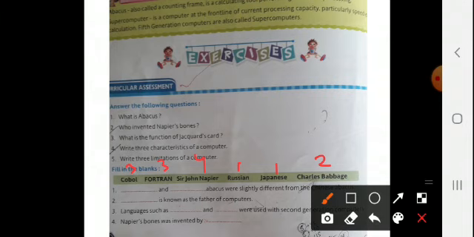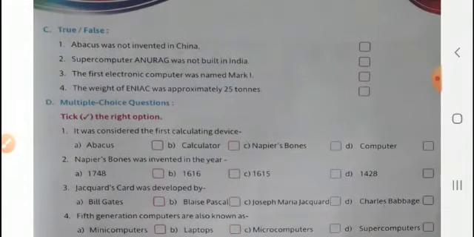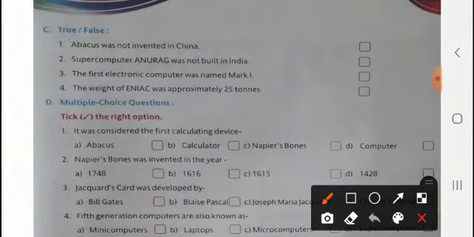Then come on next page. Yes, here it is true, false. Abacus was not invented in China. False. Actually, it was invented in China, first one. Then supercomputer Anurag was not built in India. No, it was built in India. Just now we have studied that Param and Anurag were the first supercomputers that were built in India.